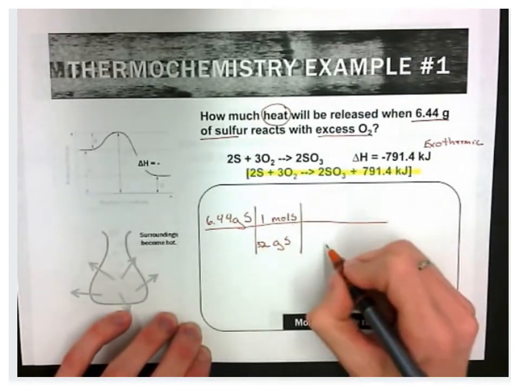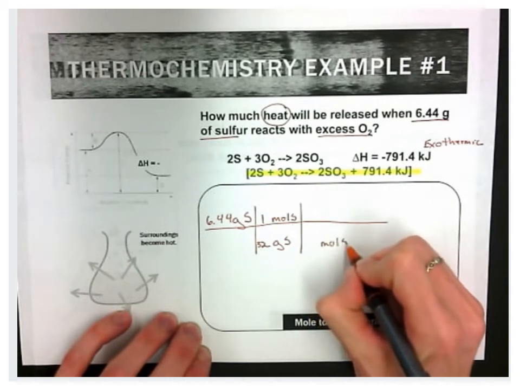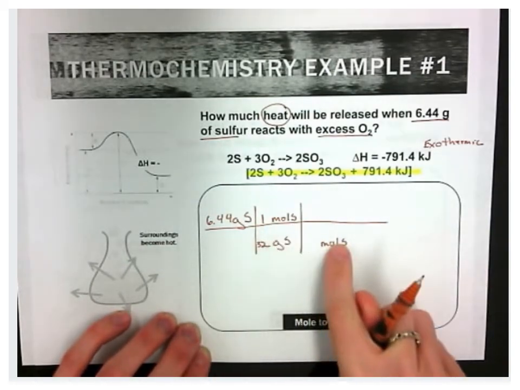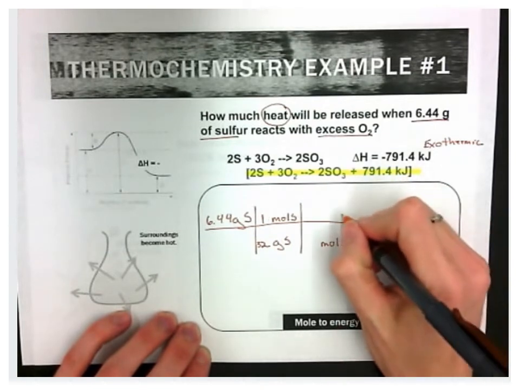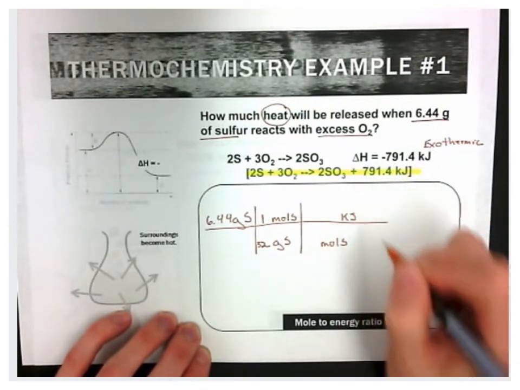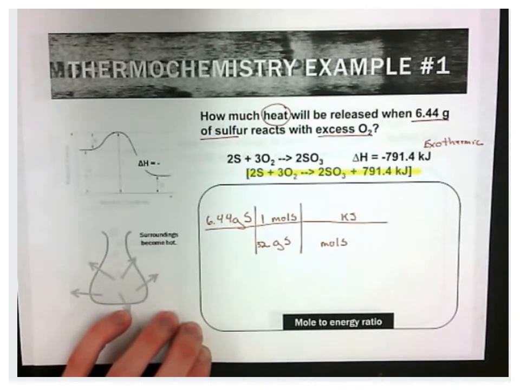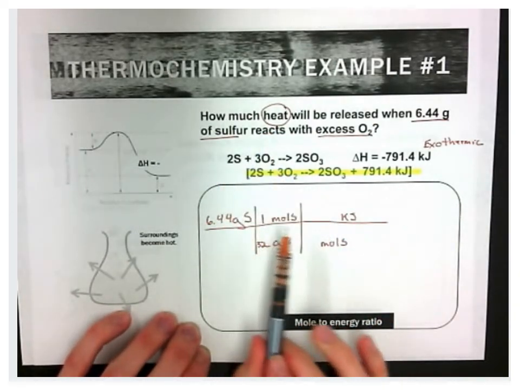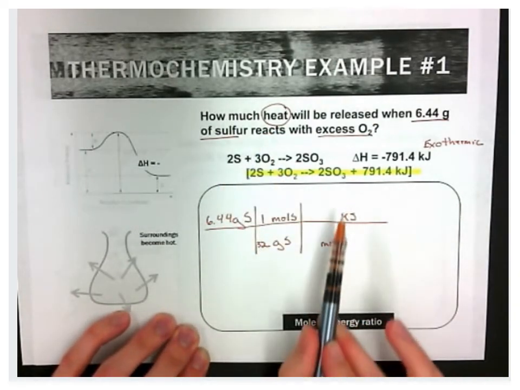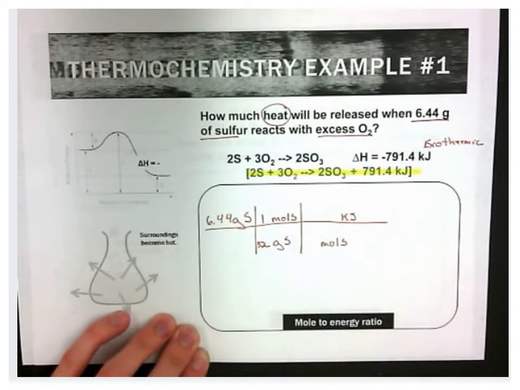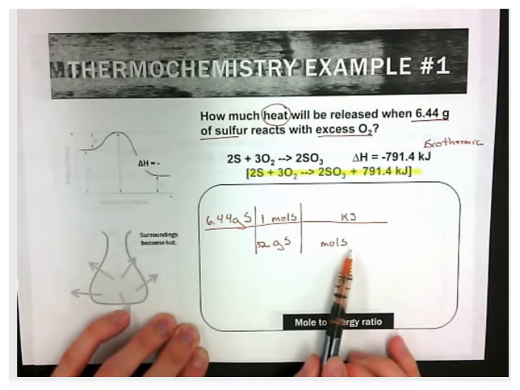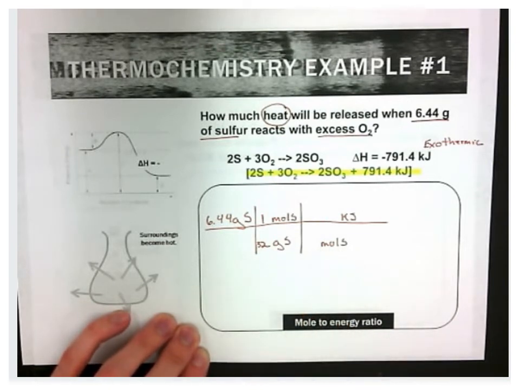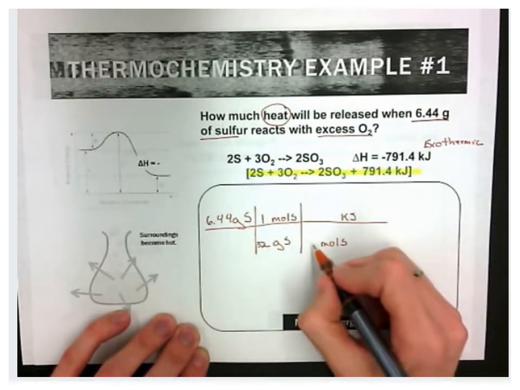Now I have moles of sulfur, but I'm not looking for moles of any of my other products. I'm looking for energy. So I'm actually looking for kilojoules, okay? Heat. Let's look back at the balanced equation. This is a new ratio that comes from my balanced equation. Moles of sulfur, same old from the ratios in balanced equation, 2.